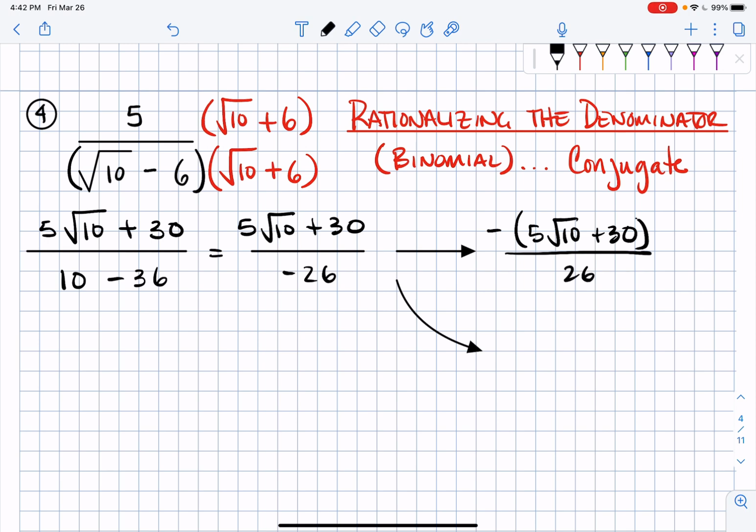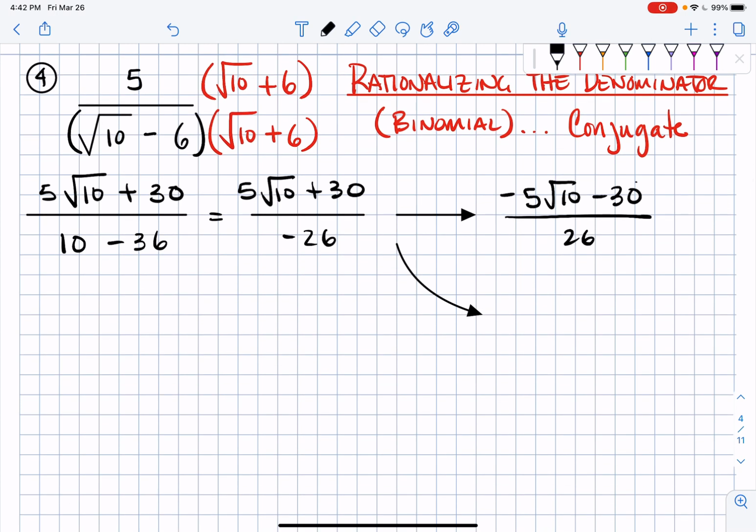Okay, so when we distribute this, what happens? Well, the top is now going to become negative 5 square root of 10 minus 30 over 26. That would be a correct answer.